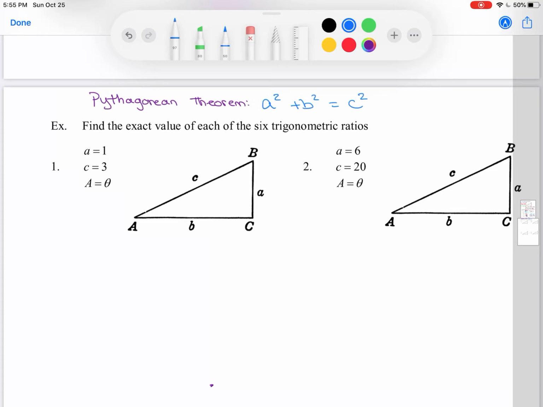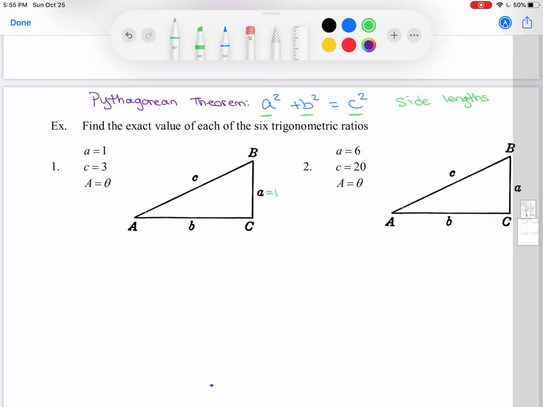The Pythagorean theorem states that a squared plus b squared equals c squared. Now, it just so happens that all of my triangles on this page use the letters A, B, and C, which is great. But pay attention, I'm not using capital letters, I'm using lowercase. So in this theorem, we are referencing their side lengths. That is the only thing we can use this Pythagorean theorem for.